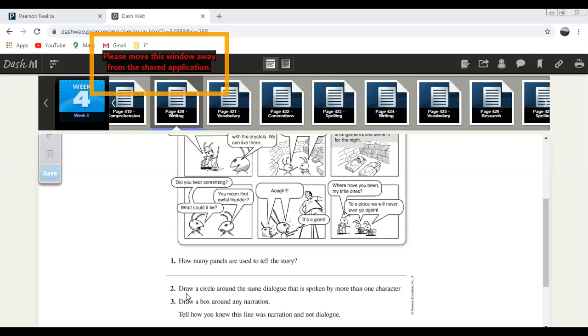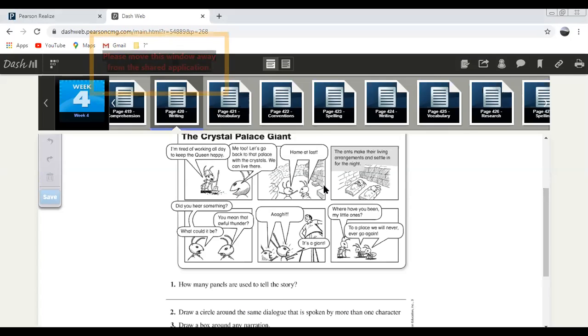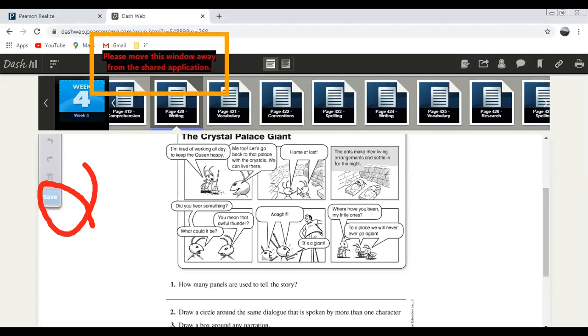Now, question 2. Draw a circle around the same dialogue that is spoken by more than one character. You will draw a circle on a dialogue that has two arrows pointed to the same sentence, pointed to the two characters. So we will circle panel 2, this.